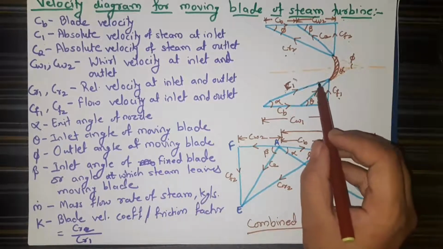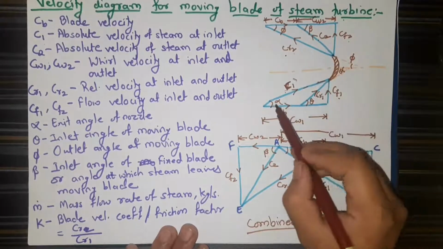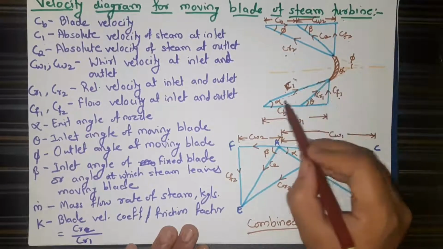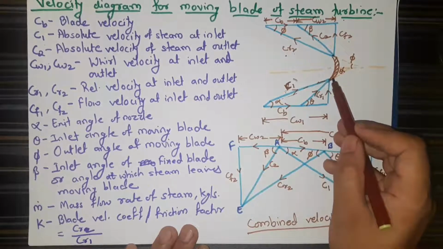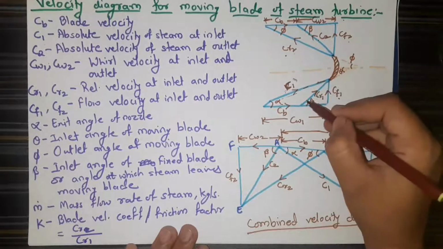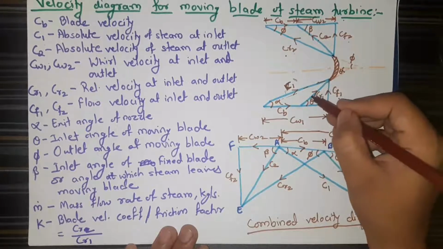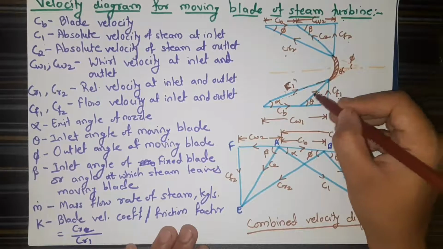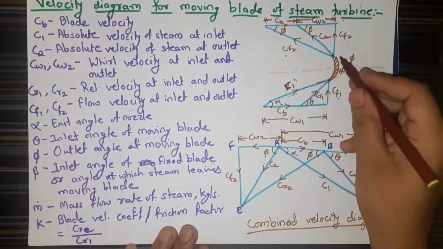We know here, when the blades are moving, angle at the inlet is different, while when it glides, when it moves over this blade, at that time it enters with the relative velocity which is at angle theta. This is for moving blade.